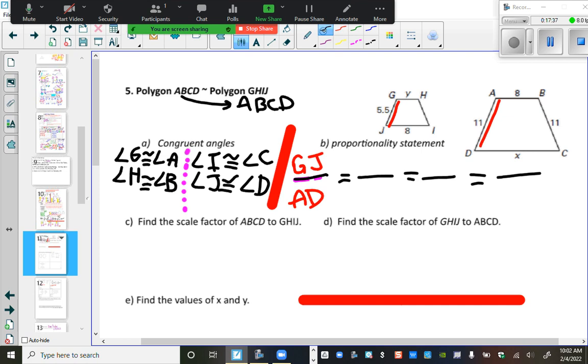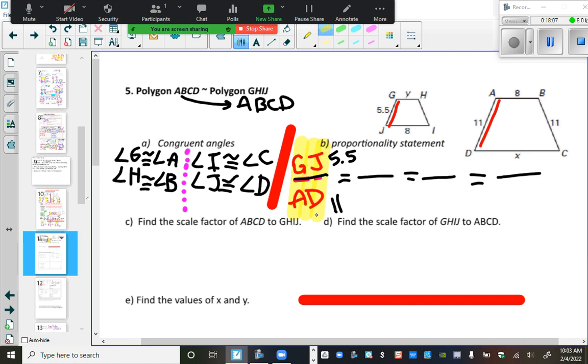So GJ we see is 5.5. And AD was how much? 11. So since this one has both numbers, highlight this one. May not always be the first one, but this one's going to be the most important one out of the whole bunch.